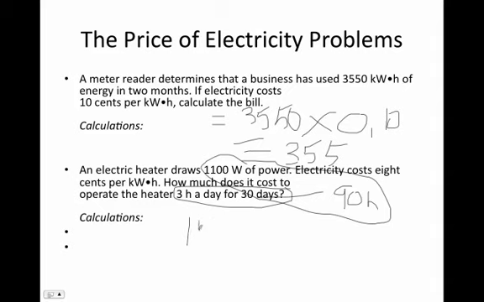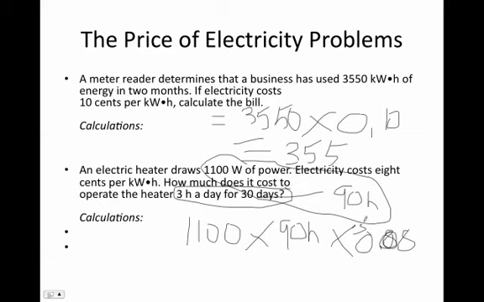So 110 over 1,000 times 90 hours, and then times that by 0.08 dollars per kilowatt hour.